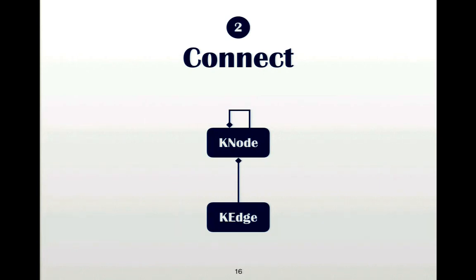Now, nodes themselves wouldn't be that interesting. We need edges that connect nodes that have a source and a target. And now if you imagine a visual language that is there to represent mathematical formulas, then you might imagine that you have a division actor. And the division actor gets two numbers, divides them, and outputs the result.